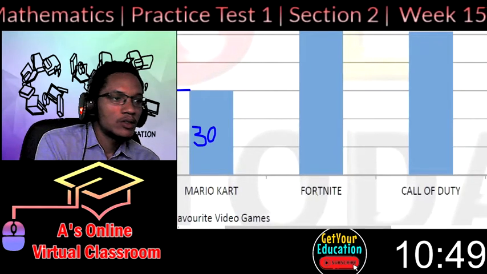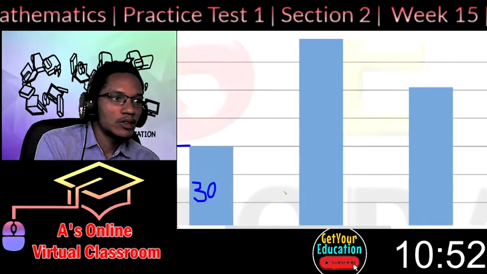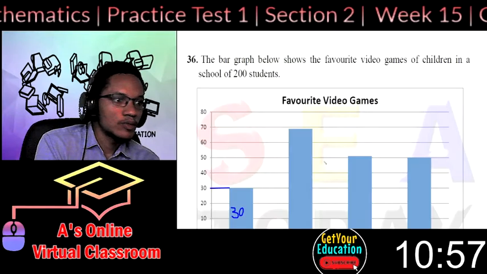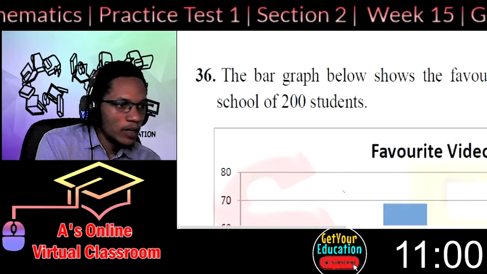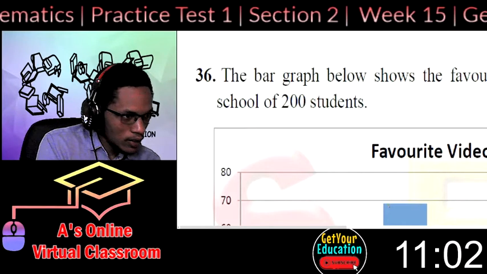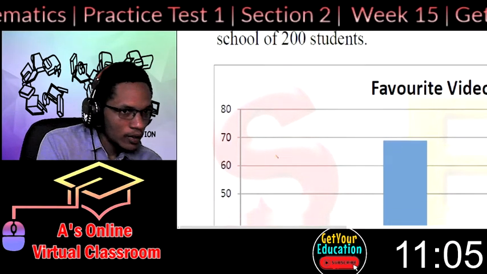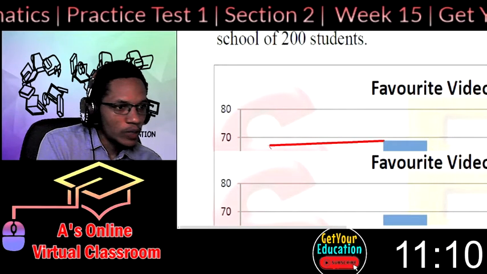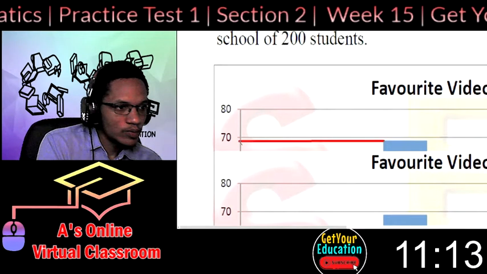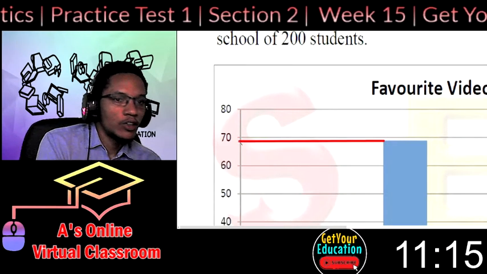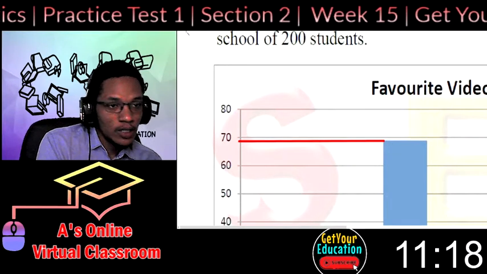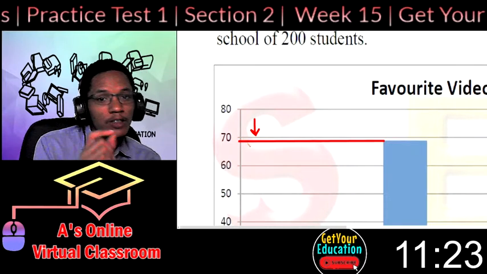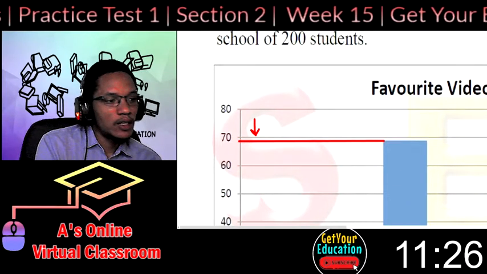Fortnite now, well, Fortnite is going up much higher, but when we look at Fortnite on its mark, which is this bar here, it really isn't on the line, and this is why you have to be careful. So you'll use your ruler and draw your line coming across to see where it reaches. This line here is what 70 is, so this is just a little under 70, so I will call that 69.